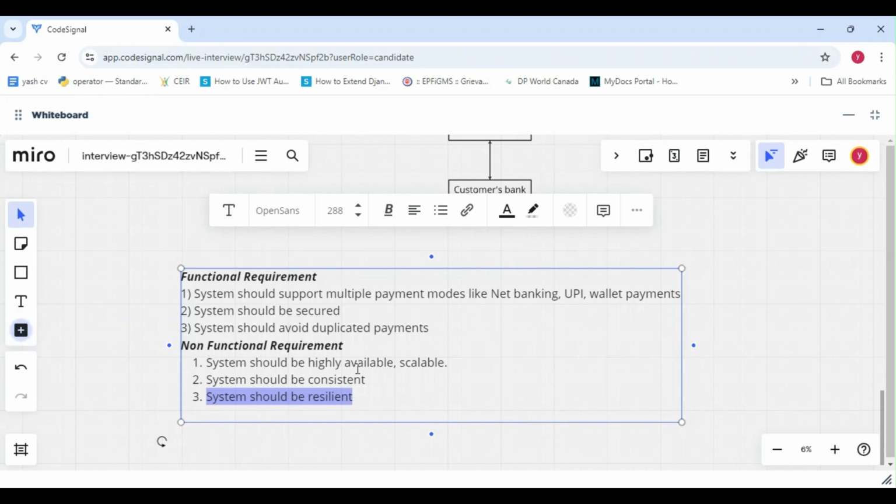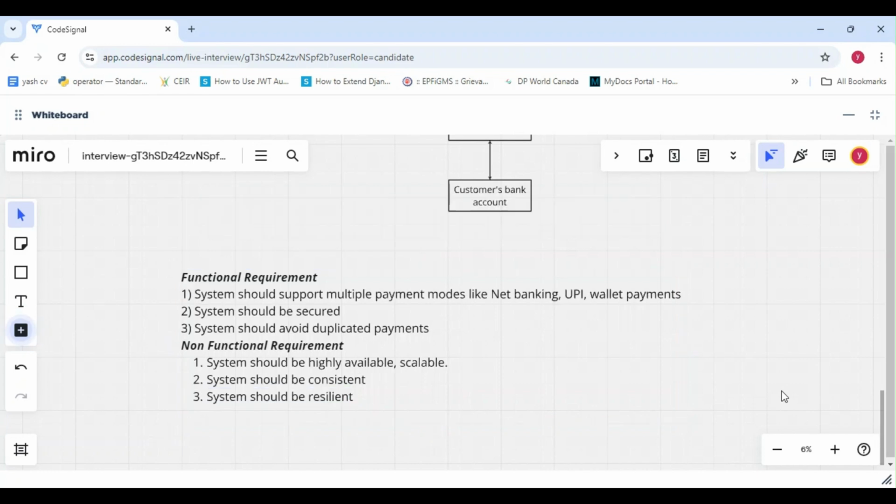For example, if money is debited from the customer's account, that should be consistent. And the payment gateway should be highly available so that customers can place orders and make the payment.